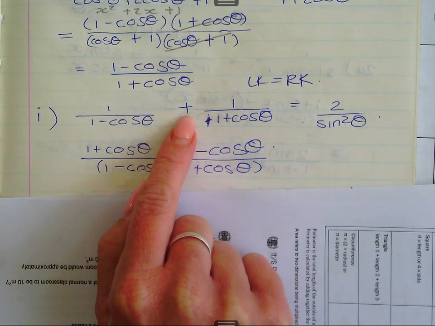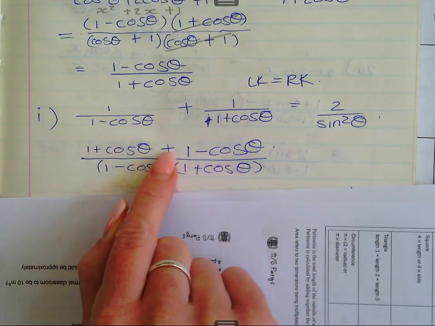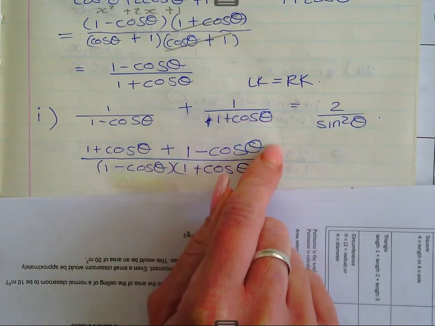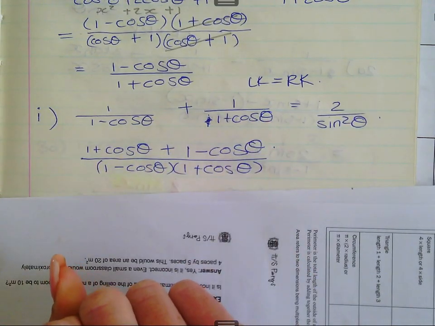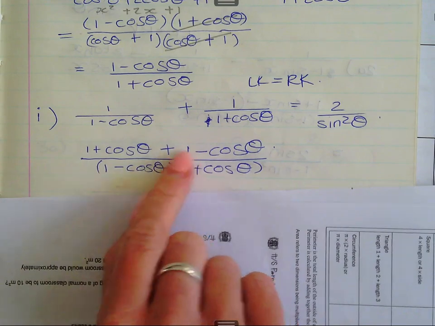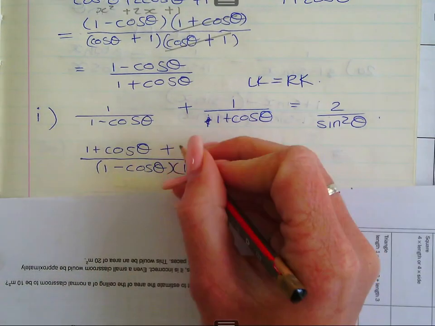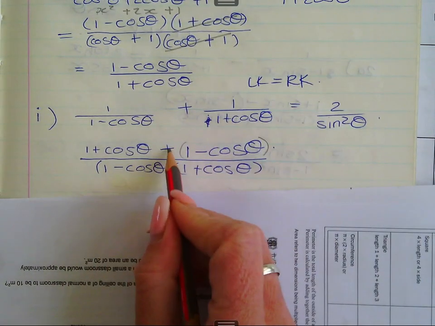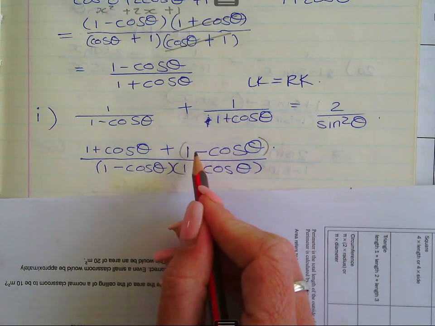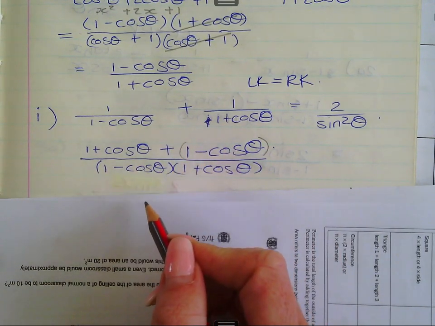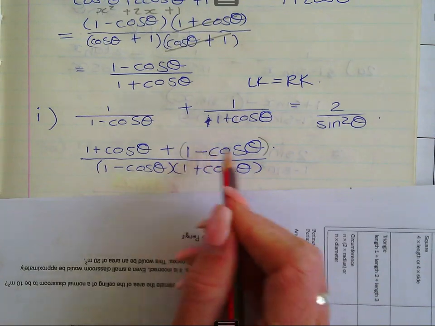If it wasn't a plus, if it was a minus, you would have to put the next part in brackets. Do you know that? Okay, if it was a minus, that would be in brackets because you must subtract that whole thing, not just the 1. You must subtract 1 minus cos.